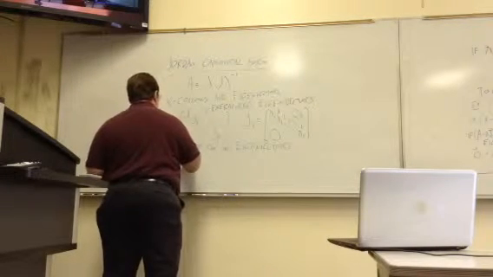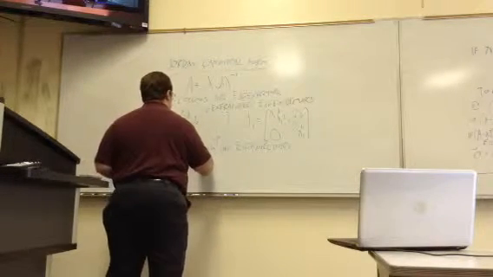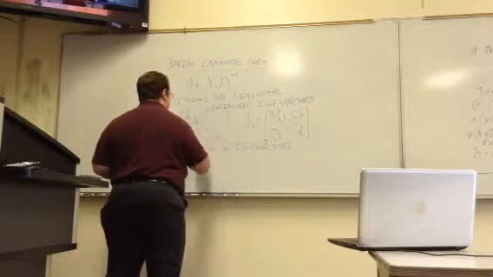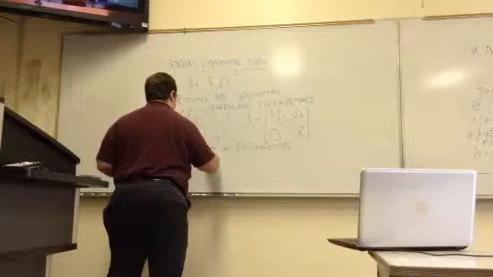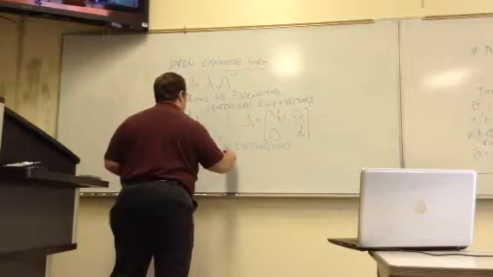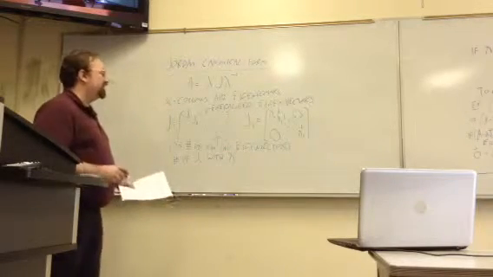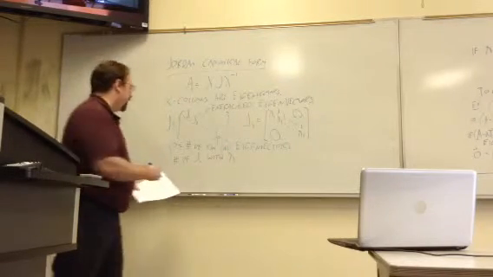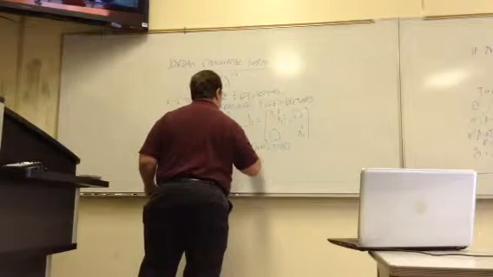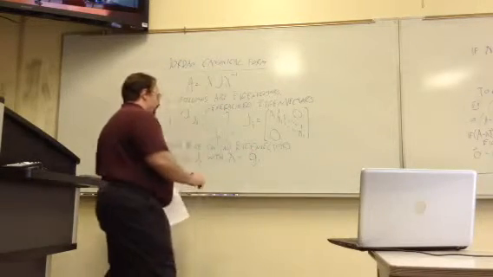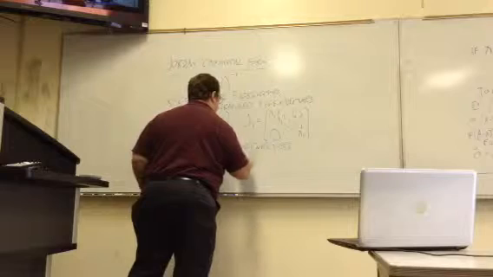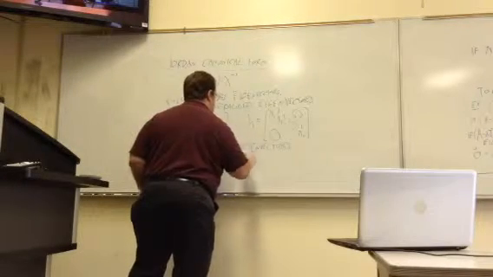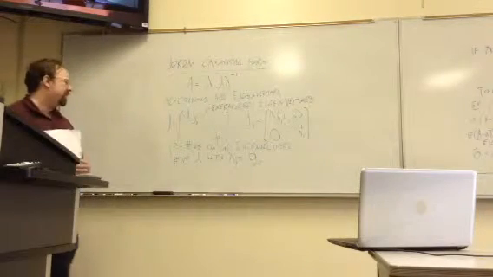Now, the number of Jordan blocks, the J sub i here, that feature a particular eigenvalue lambda j on the diagonal is equal to g sub j, the geometric multiplicity.